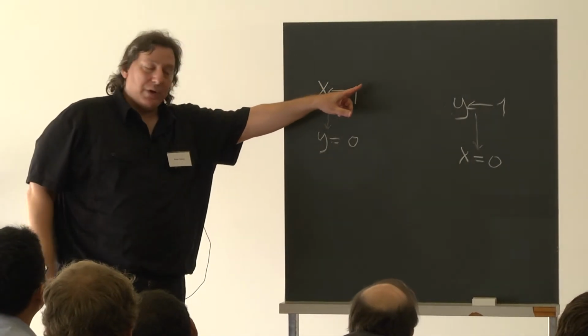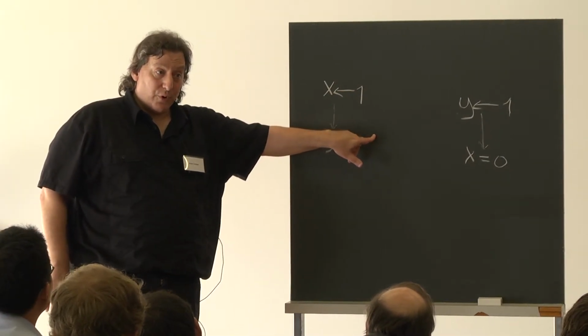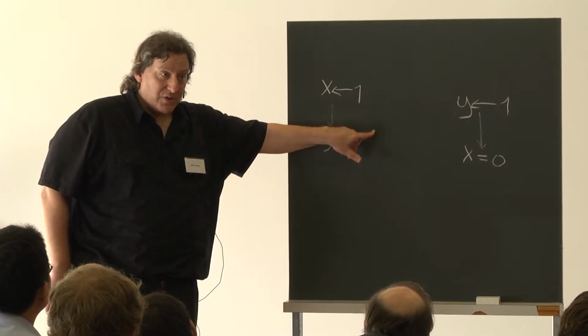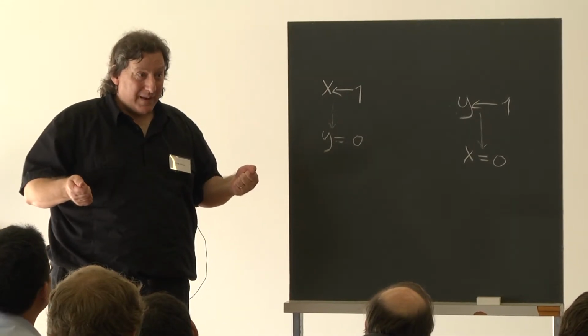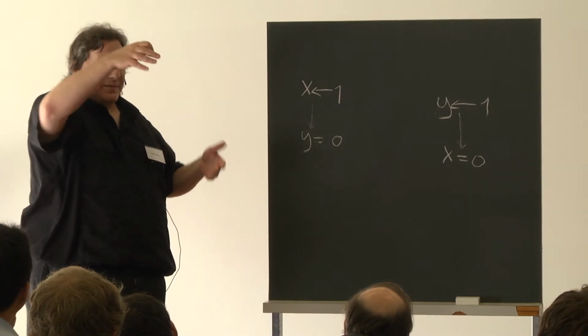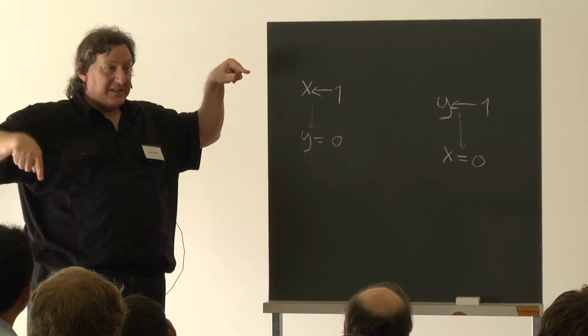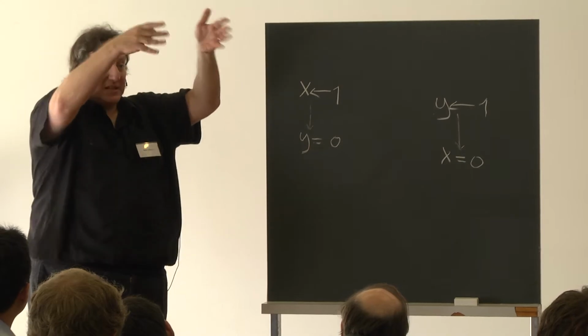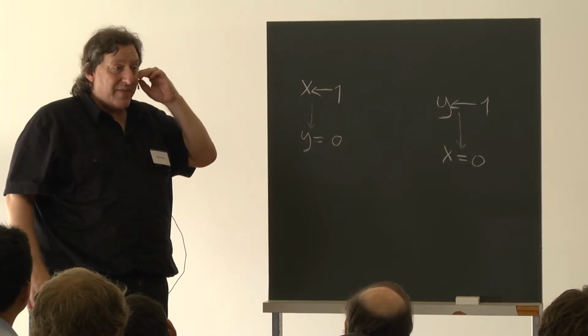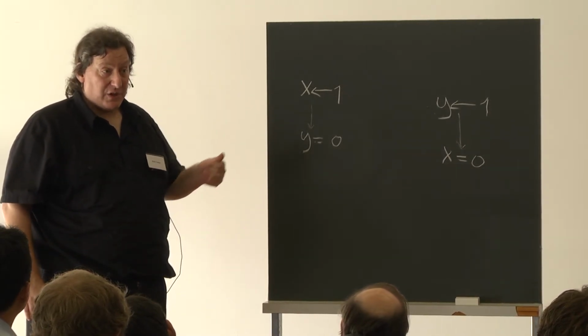Okay, so one possibility is you could have a program counter for each thread, right? So that you could tell where you were and write that invariant that says if I'm at this place and he's at that place, I'm in one of the states that's reachable, right? And that would obviously satisfy the conditions.